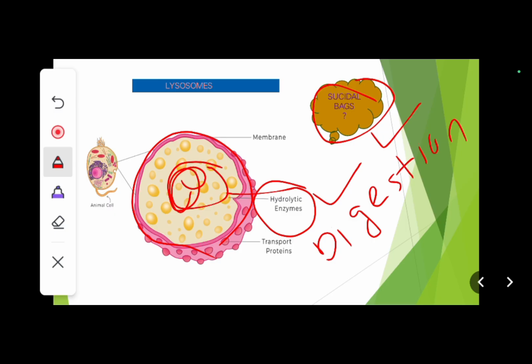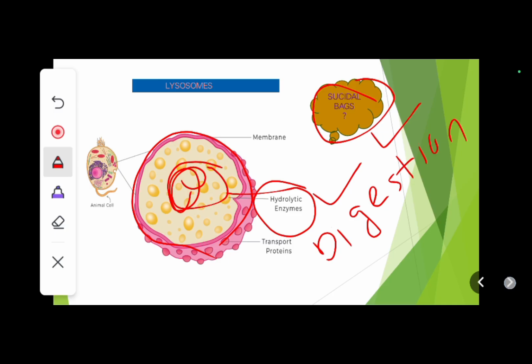Why is it known as a suicidal bag? It makes the cell suicide sometimes also. Suppose a cell is not working, or is damaged, through these hydrolytic enzymes the entire cell will be degraded.